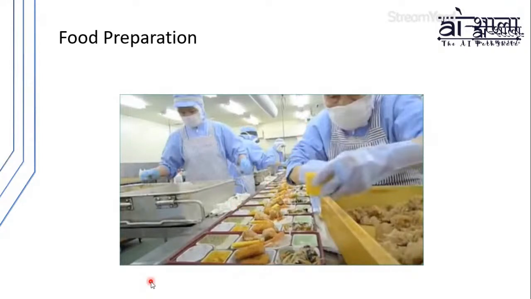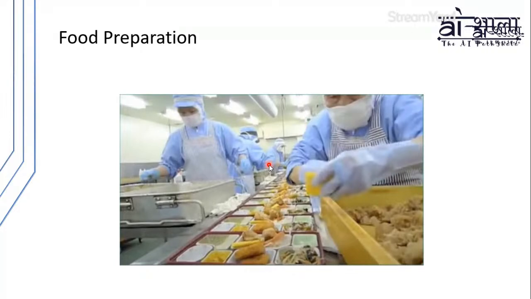It might be a cloud kitchen, but it looks like a restaurant where people are handling food items which are highly delicate, and if they push too hard, the shape will be damaged and it will not be able to be served. So many companies are trying to replace this human labor with robotic arms, so that they can pick the food item and serve it on the plate, right? That is the kind of thing they are trying to do.